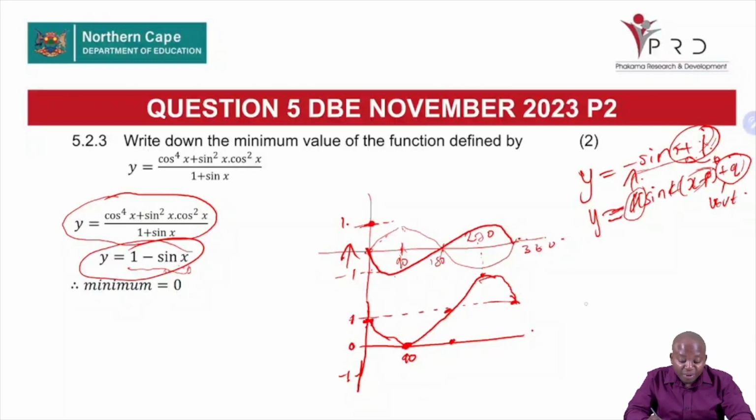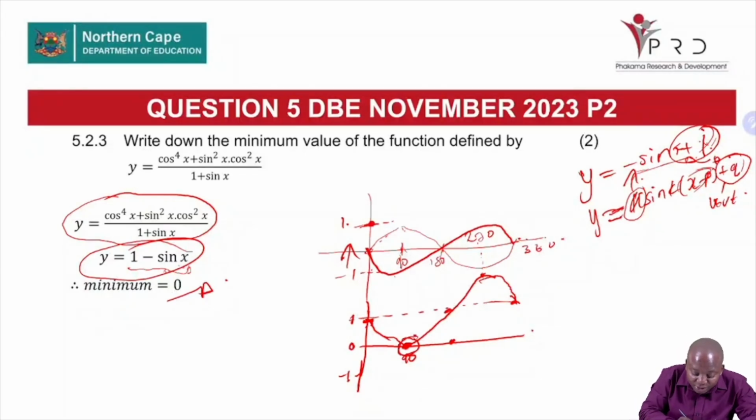So the minimum value in this case is 0, because the lowest point now is 0, which is at 90. So that is where the minimum value is in that case. Another way you can do it, you can say y, sin theta, then you transpose to the other side.